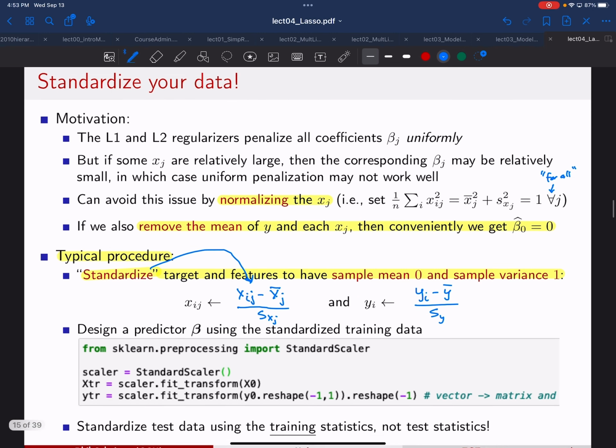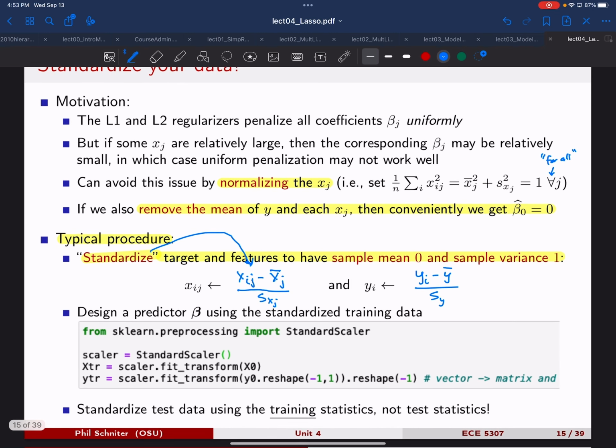Not surprisingly, scikit-learn gives you some nice ways of doing this. So here we're going to use the StandardScaler method to do this. So with StandardScaler, the first step is you instantiate this object, basically set it up. Once it's set up, you have different functions at your disposal.